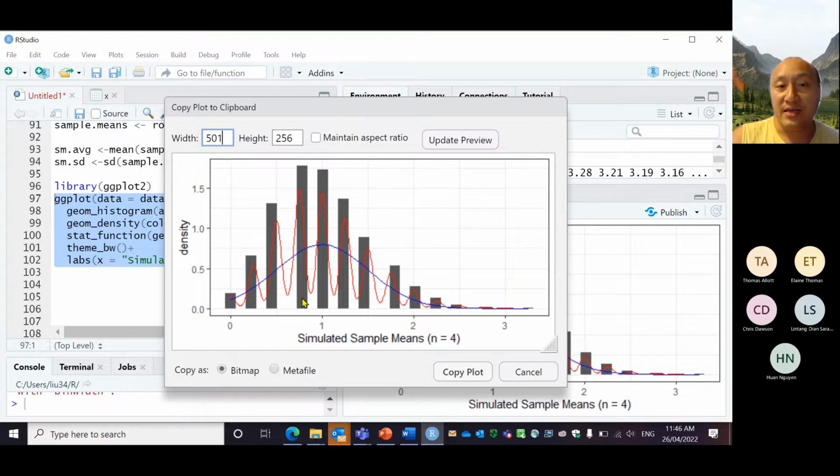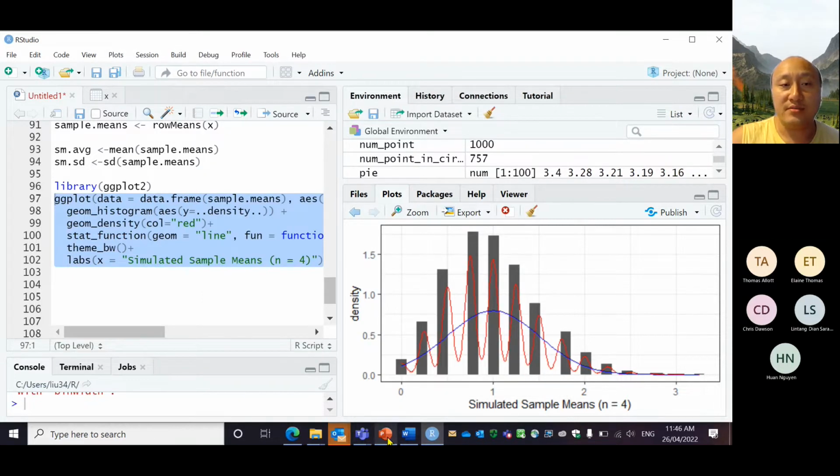And we have gaps because the original distribution is discrete. Okay, and then the theoretical normal curve is blue, and the empirical density curve is red. It looks not too bad, but not too good either, right?